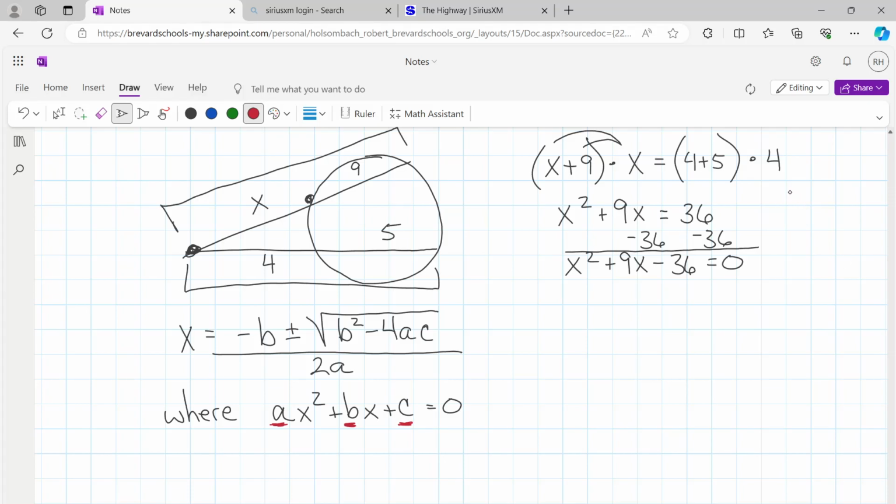So over here we got an a that's equal to 1. The term in front of the x squared is a 1. Our b is equal to the 9. The b is whatever's in front of the regular x, so that's equal to 9. And our c is the constant. So our c in this case is negative 36.